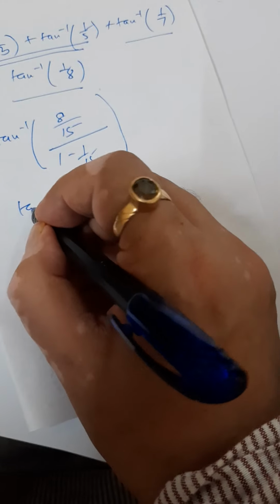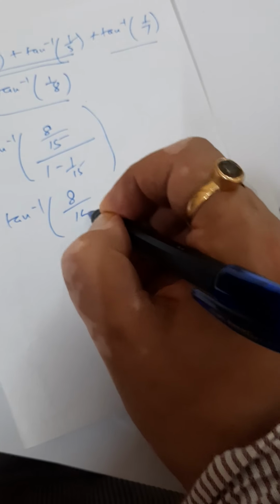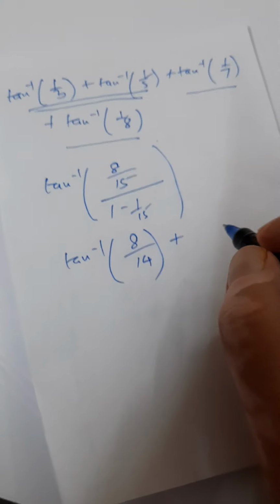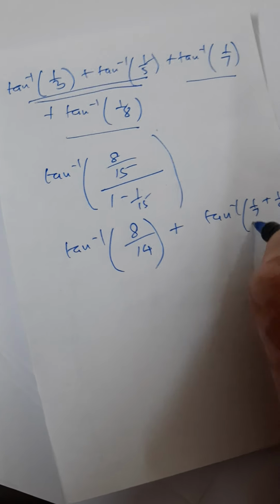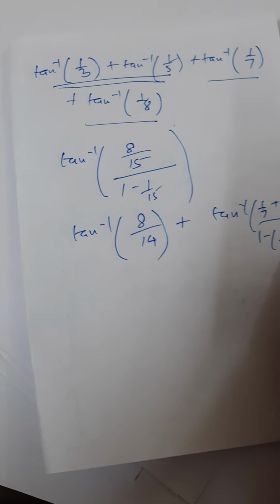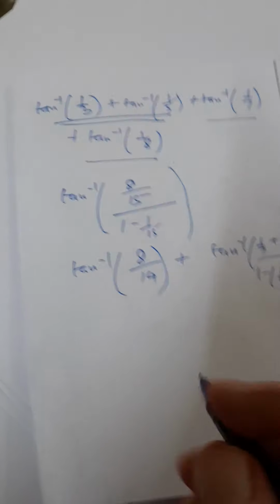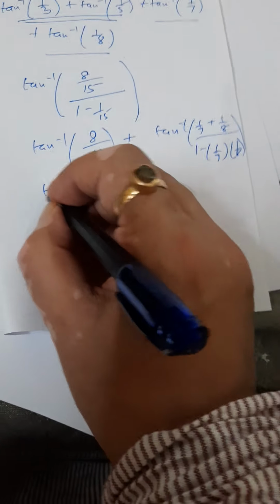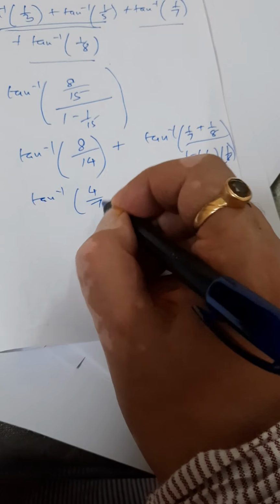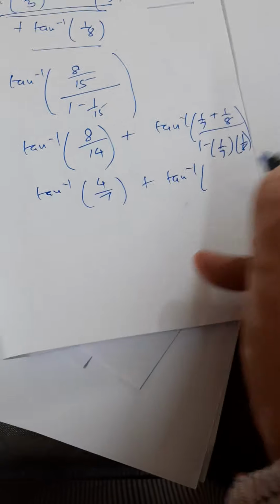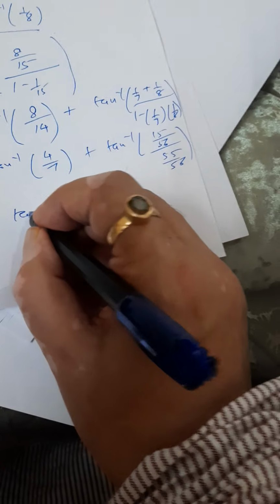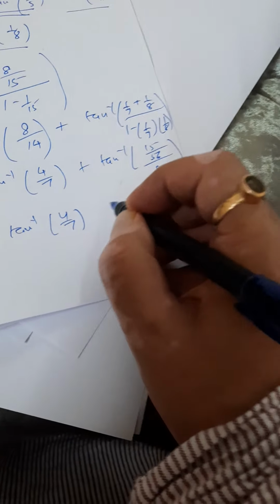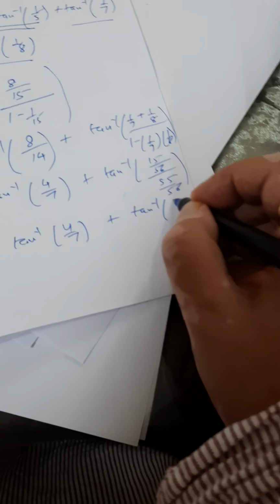This is tan inverse of 8 by 14 plus this is tan inverse of (1 by 7 plus 1 by 8) upon (1 minus 1 by 7 into 1 by 8). So this is tan inverse of 4 by 7 plus this is tan inverse of 15 by 56 upon 55 by 56. So this is tan inverse of 4 by 7 plus tan inverse of 3 by 11.